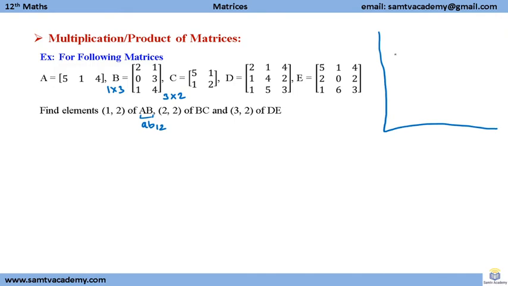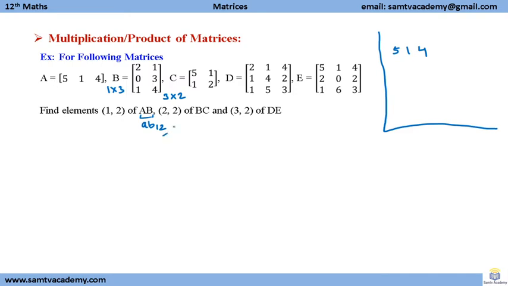You have to take AB, meaning A's first row. You can write it like this: 5 1 4, and which column?